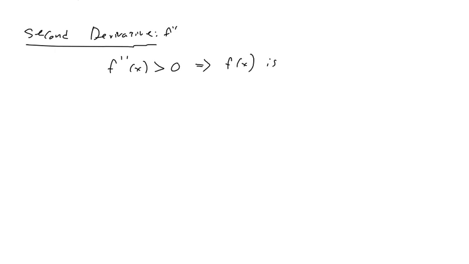If f double prime is positive, what does that tell us about the graph of f?